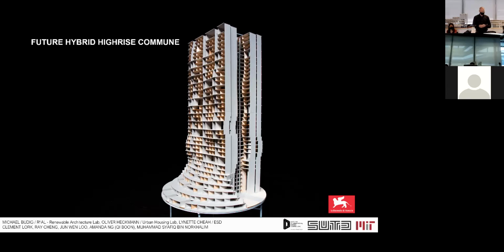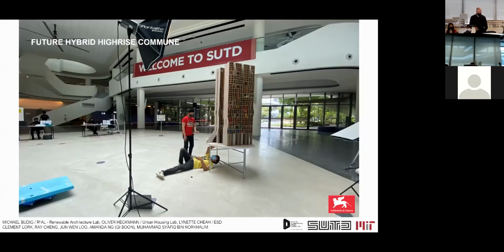You have this circular podium at the bottom, which can provide mixed functions, while higher up the building would be mainly residential, along with the shared functions that I was telling you about.